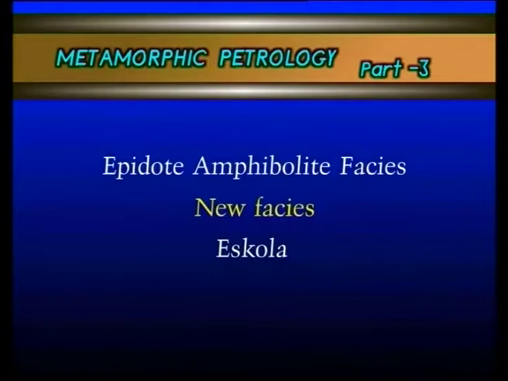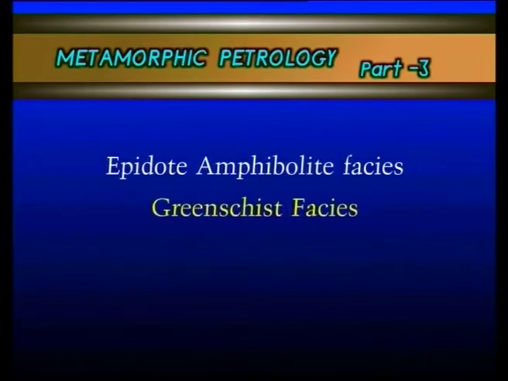The third important difference: Eskola had a new facies known as epidote amphibolite facies, while Fyfe, Turner and Verhoogen renamed epidote amphibolite facies as greenschist facies. So these are the important differences between Eskola's facies classification and the Fyfe, Turner and Verhoogen classification.